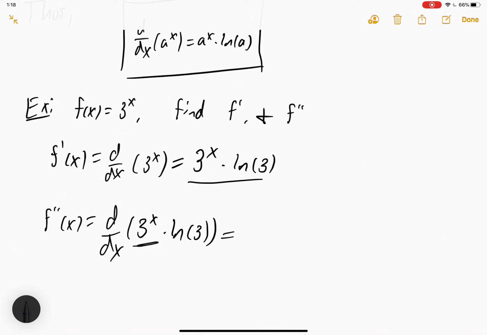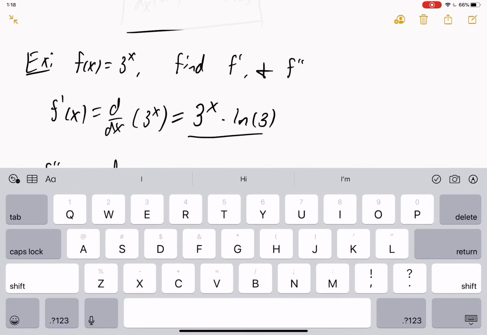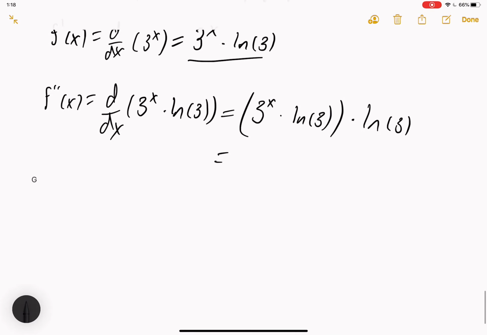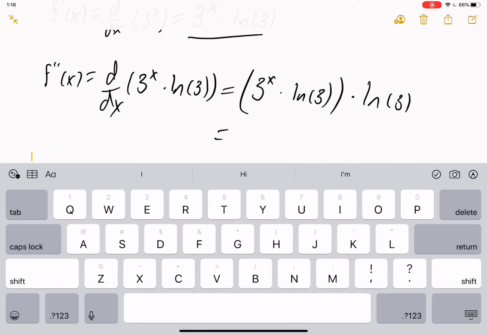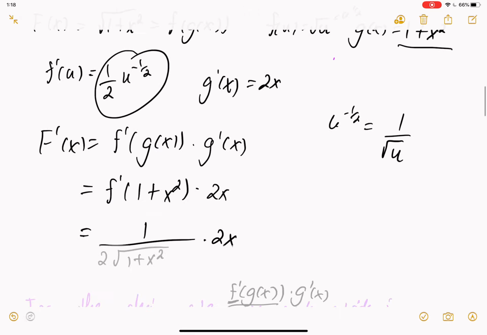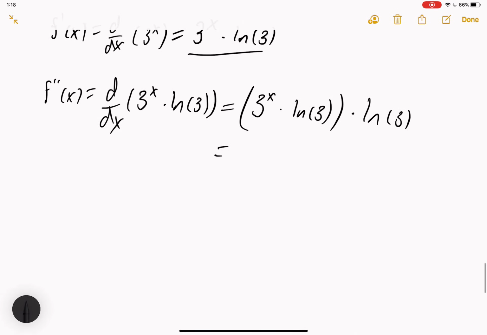We want to do the derivative of 3 to the x. It's 3 to the x again times ln of 3, times ln of 3. And then what we get in the end is just 3 to the x times ln of 3 squared.